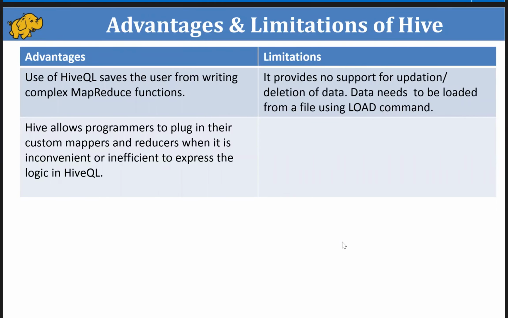The exact same functionality can be achieved using a simple Hive query, which may not be more than 10 or 12 lines. If you write the exact same thing, it may get converted into maybe 50 to 70 lines of Java program. So that's time saving as well as complexity reduction. All those things are advantages.